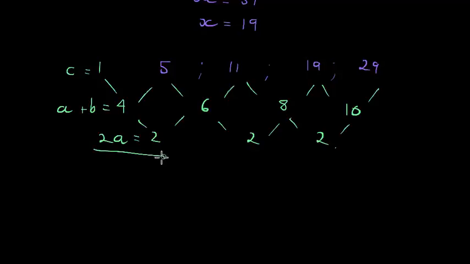So if 2A is equal to 2, then A is equal to 1. If A is equal to 1, B is equal to 3. And C we have is 1. So in other words, Tn is equal to n squared plus 3n plus 1.